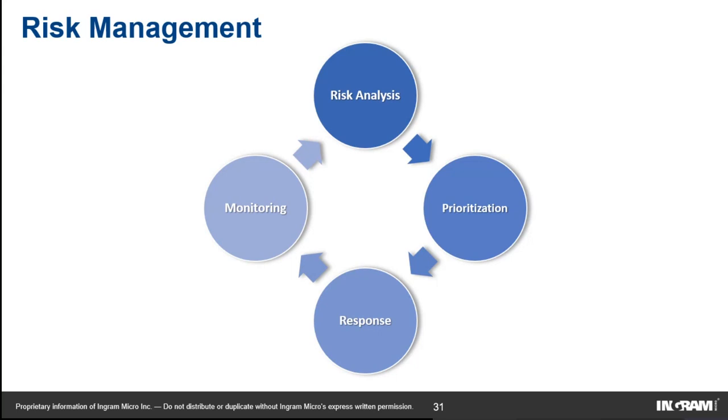They will fix the in-scope assets and not the out-of-scope ones. So if you're going to secure an organization, you need to find out the right risks so that you can prioritize and respond to them rather than addressing all risks of an organization, because some of them can be acceptable. We will talk about that in the next few slides.